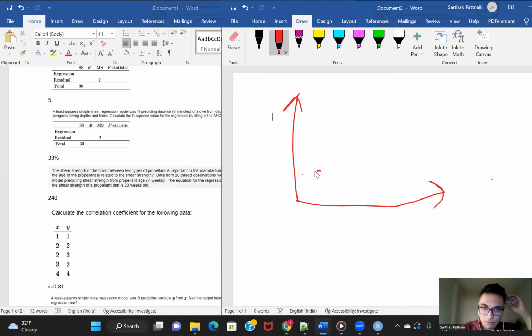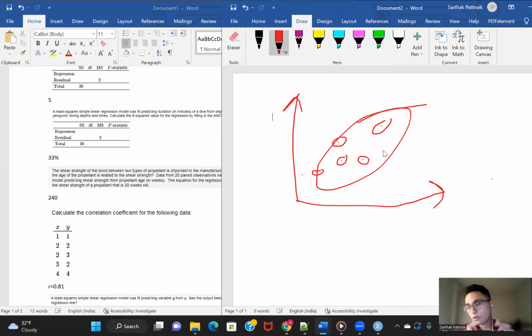Let us suppose these are (1, 1), (2, 2), (2, 3), (3, 2), and (4, 4). These are the set of points that have been given to you. For these points, you need to calculate the value of the correlation coefficient.